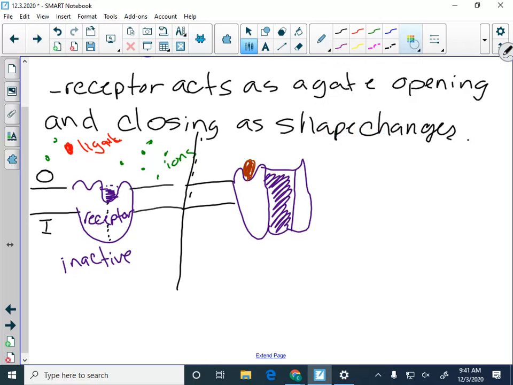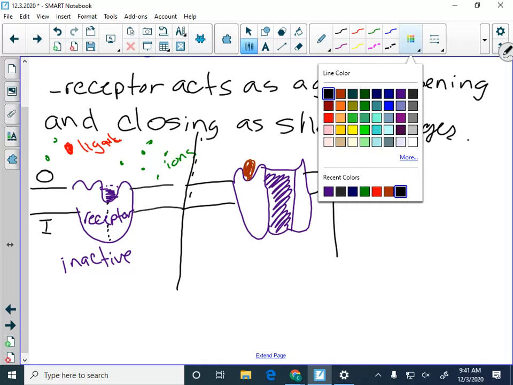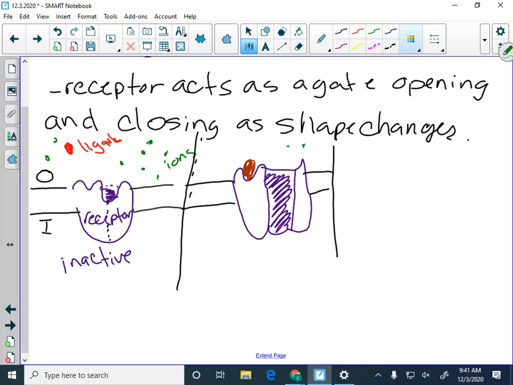Now that our gate is open, our ions can flow through to the inside of our cell.